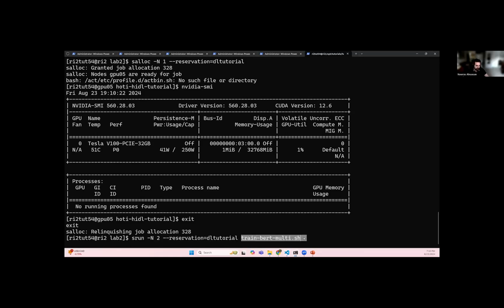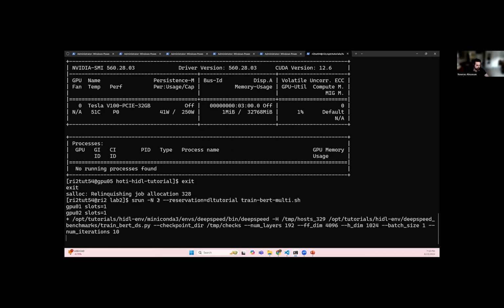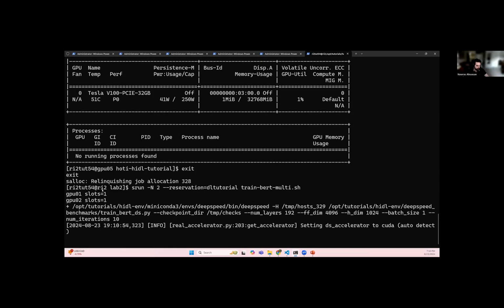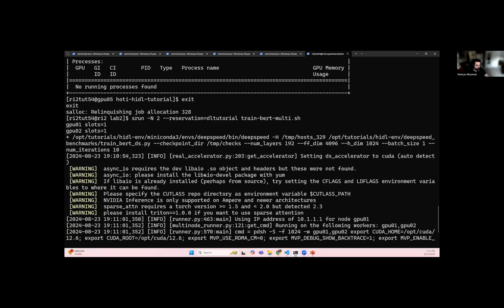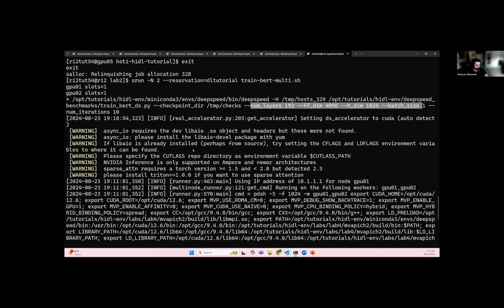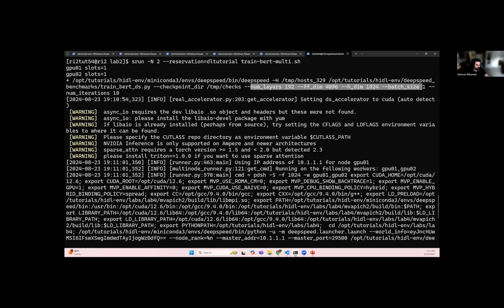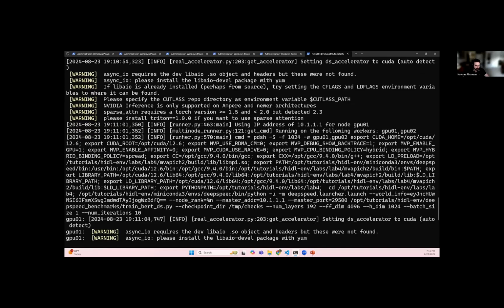Again, this is the same model that we're trying to train, but now we're using 2 nodes. We allocated nodes 1 and 2 with 1 slot on each, that is one GPU on each node. Exactly the same model, same depth, same batch size, and we're running for 10 iterations.